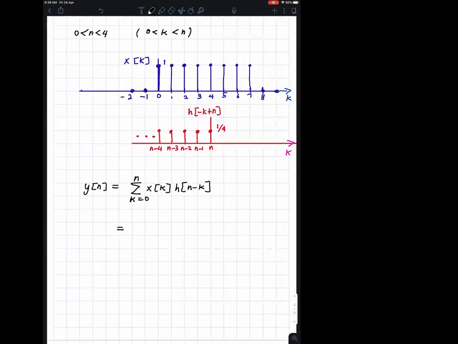To evaluate this, the upper limit is n. What this is telling you is that you are summing the product of two signals, where one of the signals is inverted and shifted. So it's upper limit minus lower limit plus 1.